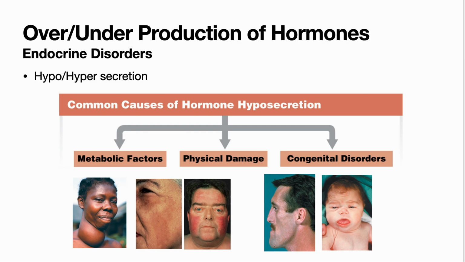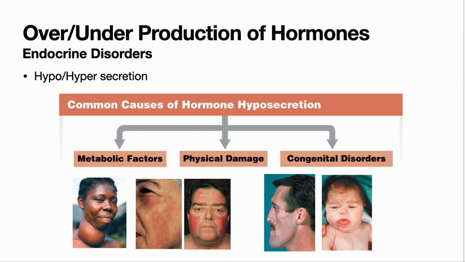Now, what's not captured in that description is that if the problem is the receptors are not sensitive, you might have a normal amount of hormones available, but your cells are not responding to them. So it's the same effect as if you had a hypoproduction of hormones. So just be aware of that.